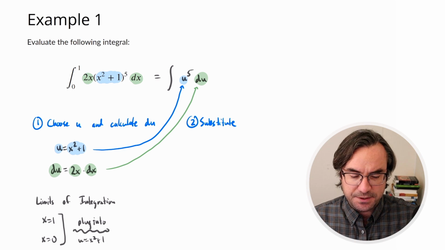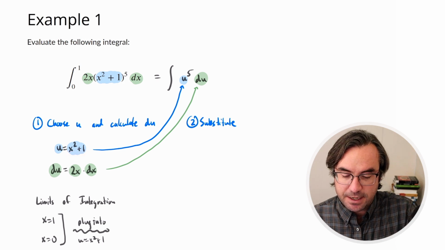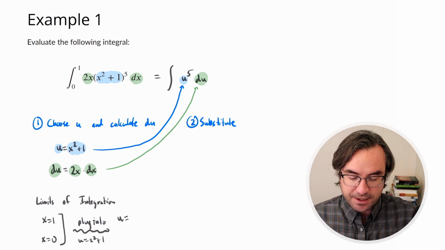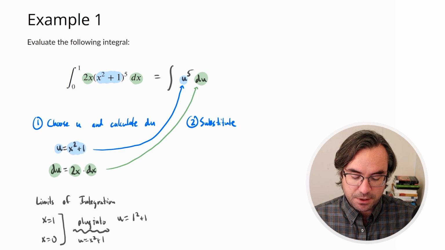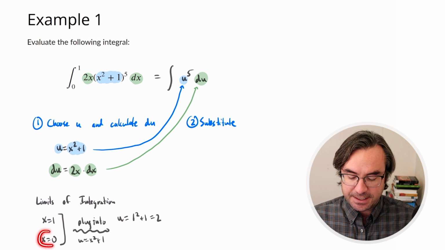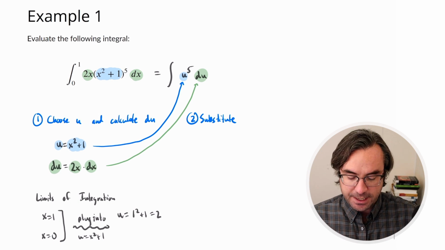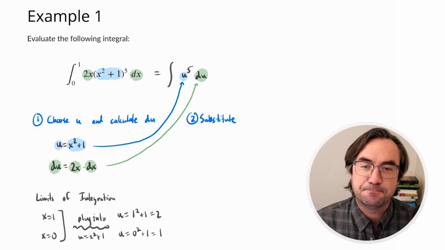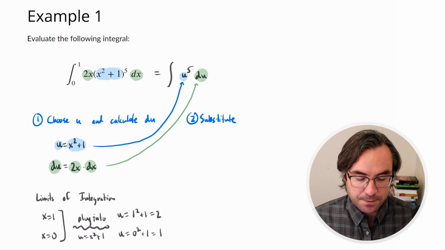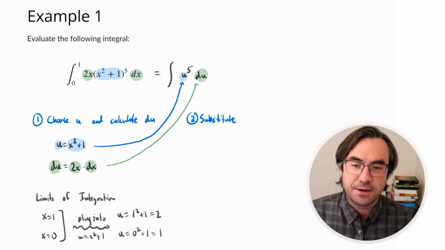All right, so what happens? Let's take x equals 1, plug it into here. So that's going to give us u equals 1 squared plus 1, which is 2. And then if we take x equals 0 and plug it into our choice for u, we're going to get u equals 0 squared plus 1, which is equal to 1. So these are going to be our new limits of integration.